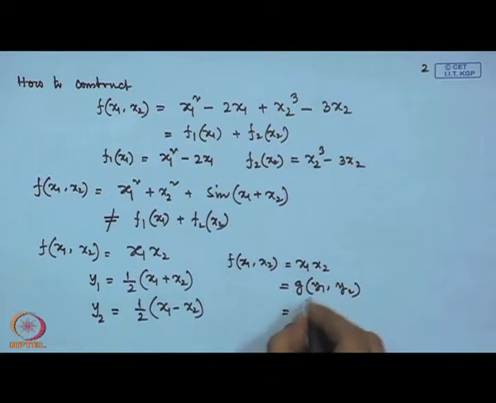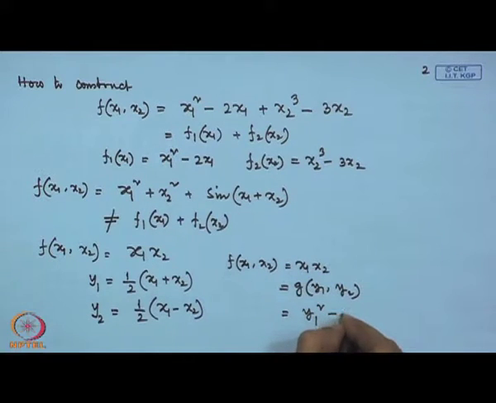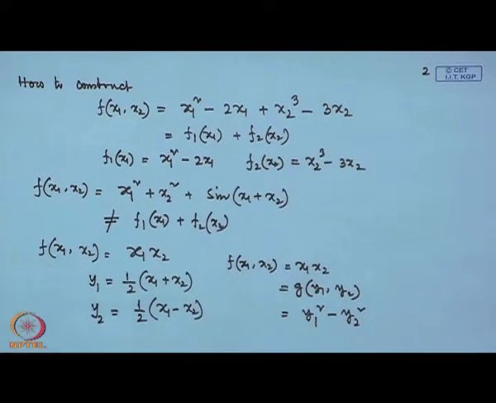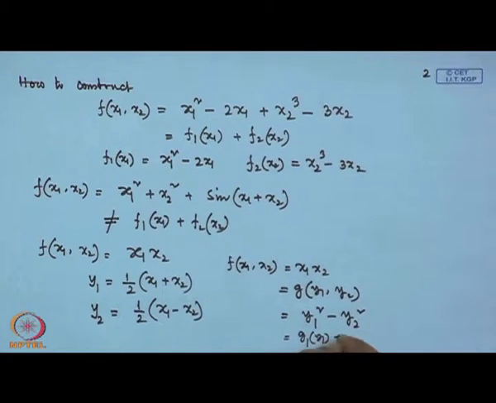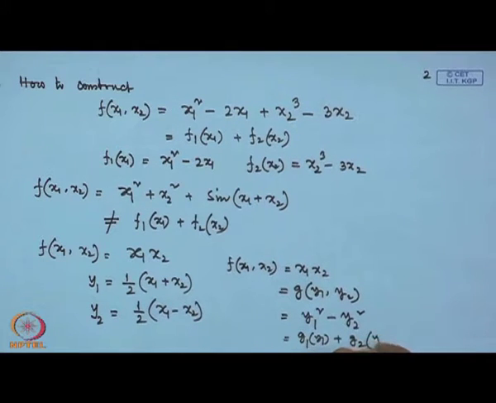How? Simply we will write y1 square minus y2 square, and certainly this is a function of y1 plus a function of y2. Thus, this function is a separable function.